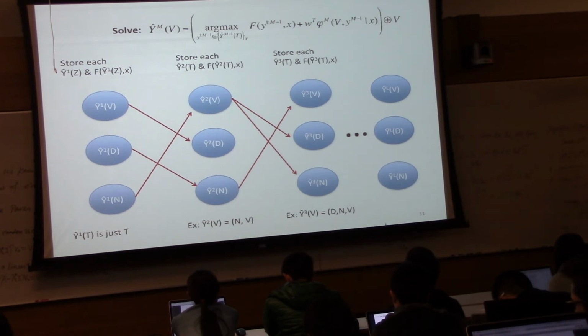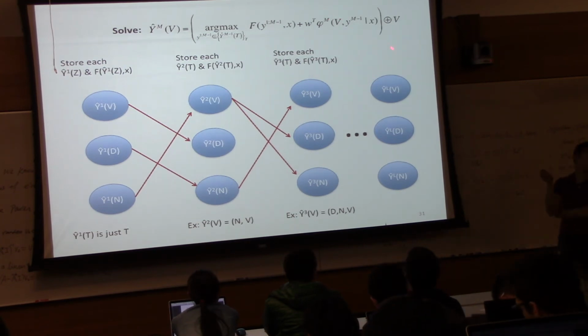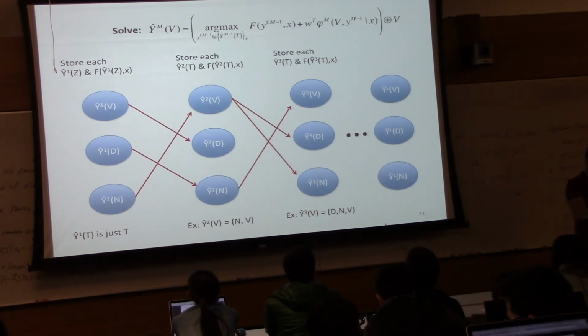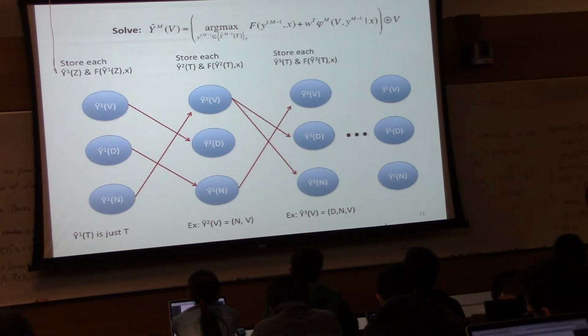Just a reminder of why we use Viterbi. It's because the feature vectors only depend on pairs of tokens. So this is first order Viterbi because we only have pairs. First order Viterbi is not tied to the fact that you have a probabilistic model.